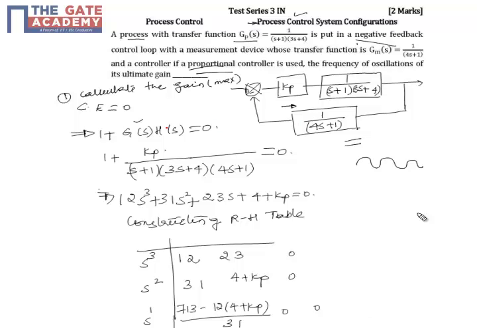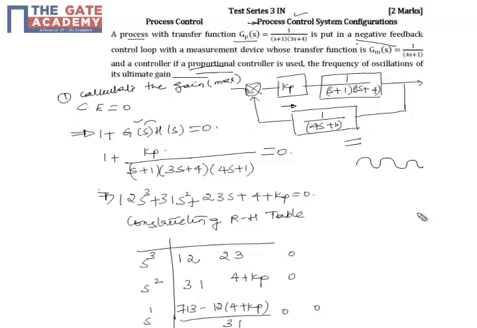When I multiply both of them, I get the characteristic equation as 1 plus Kp by (s plus 1)(3s plus 4)(4s plus 1). You can clearly see I have multiplied both G of s and H of s.